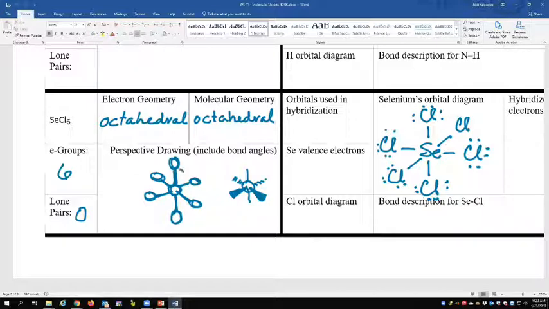But here, all of these bond angles are going to be 90 degrees. You don't have to describe all of them, but just indicate that way. And filling this out, you can use the PhET simulation to help you, right? Any questions?